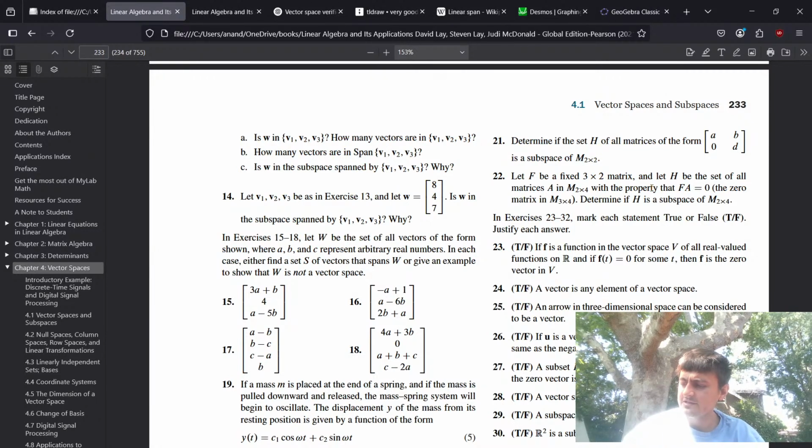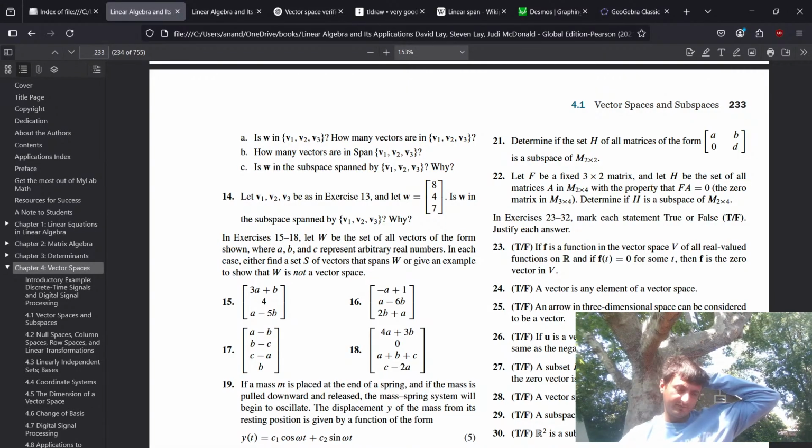So F is 3 by 2. And then H is the set of A in M 2 by 4, such that F times A is equal to 0, where 0 is in M 3 by 4.